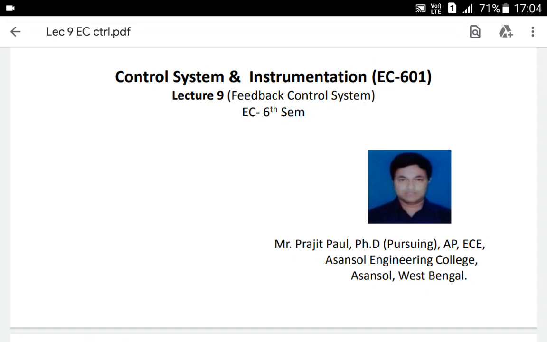Already from lecture 1 to lecture 8, I discussed several fundamental things regarding control systems. I discussed the types of feedback system, that is negative feedback and positive feedback, and how to determine the transfer function based on the block diagram reduction technique, as well as the signal flow graph depending on Mason's gain formula.